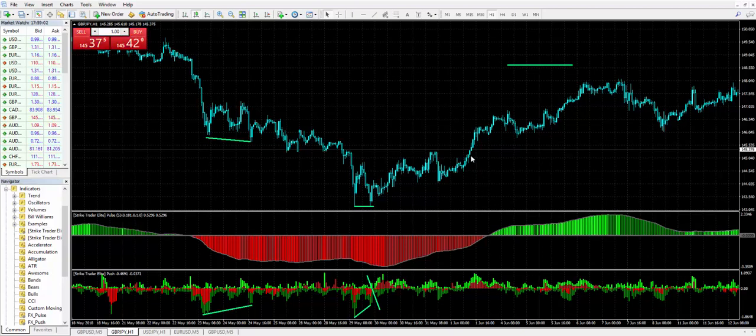Here, lots of upticks. Upticks are when price moves up 1 pip. That's called an uptick. When price moves down a pip, that's called a downtick. Lots of uptick strength in this area of price, and even some decent bias to the uptick-downtick information in this area as price continued to rally.